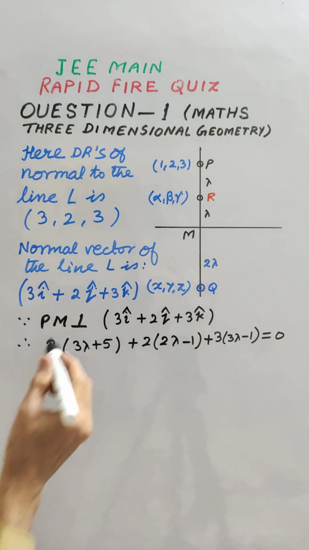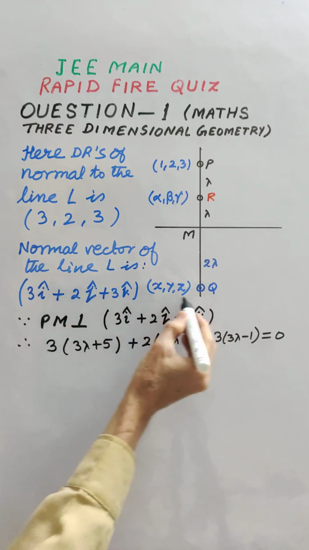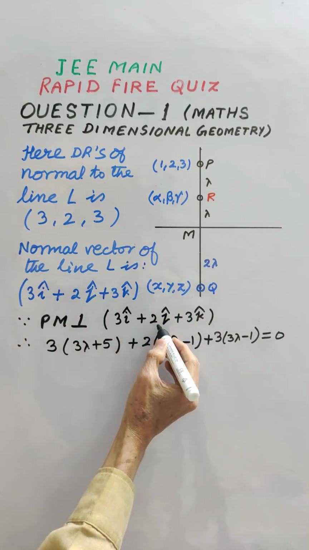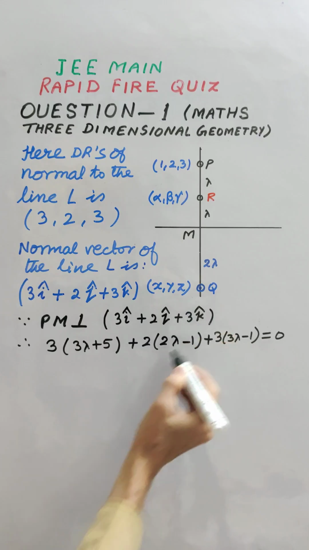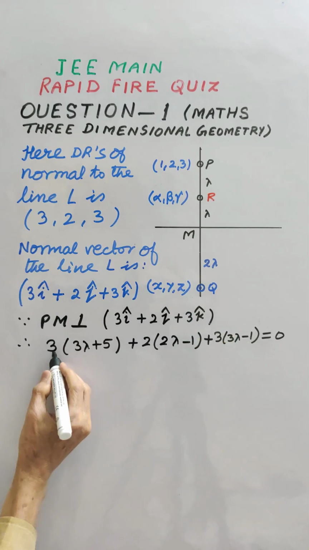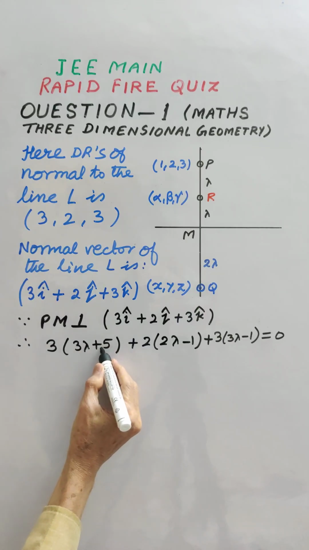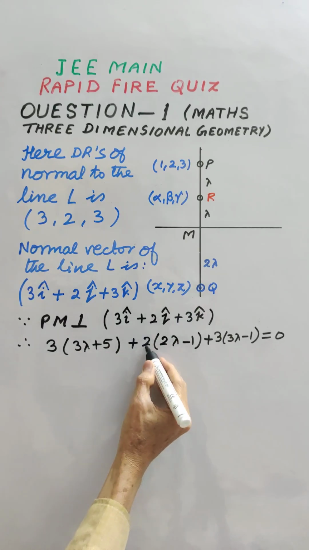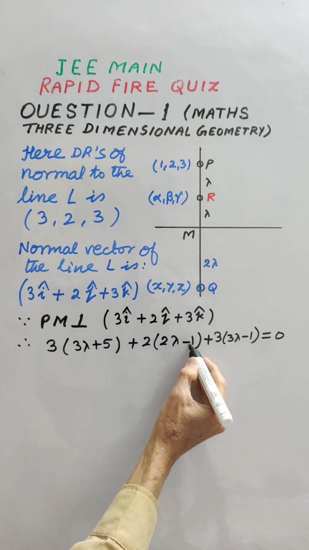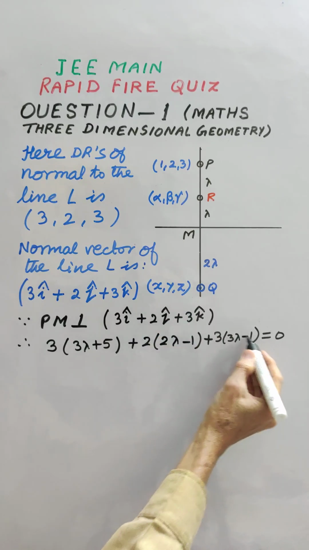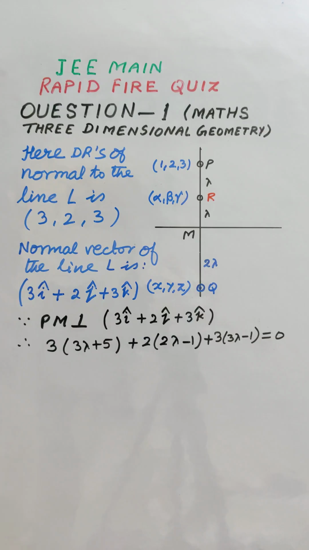If PM is perpendicular to this 3i cap 2j cap 3k cap, therefore 3 into (3 lambda plus 5), 2 into (2 lambda plus 1), 3 into (3 lambda minus 1) is equal to 0.